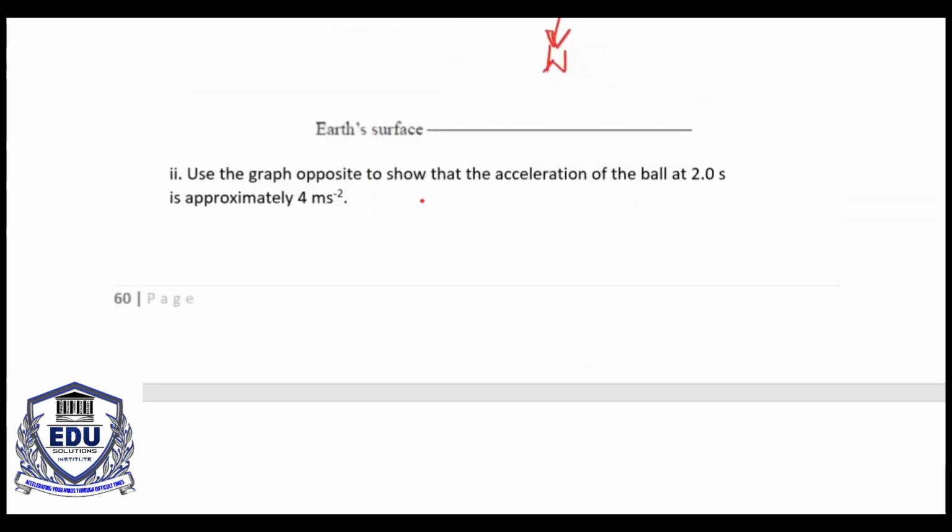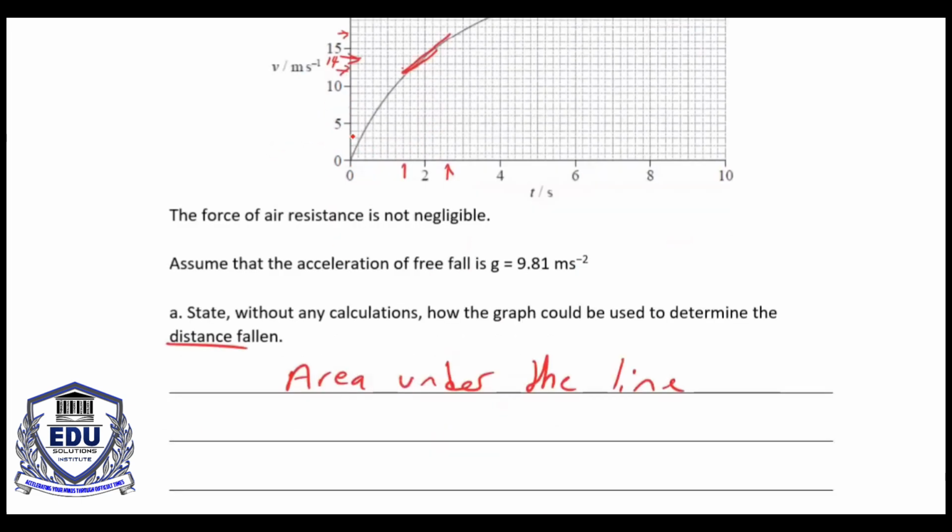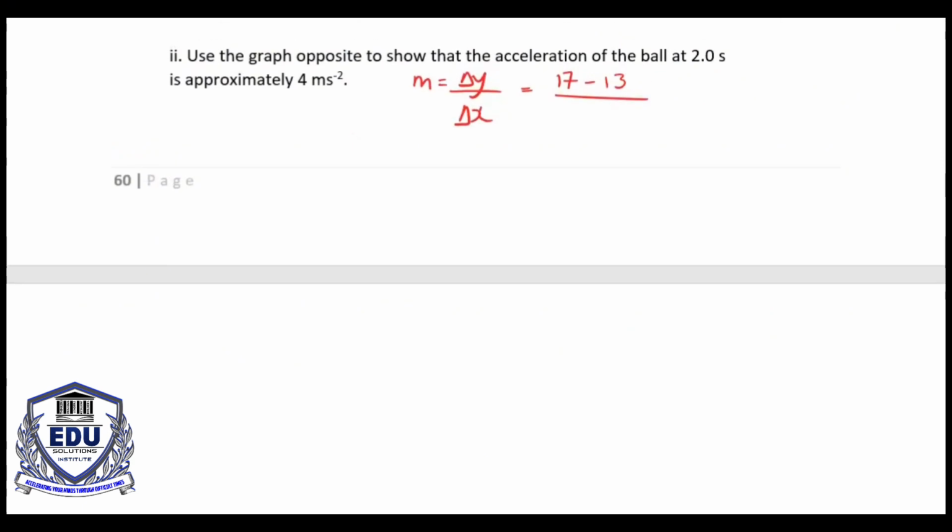The gradient m is the change in y over the change in x. The change in y is 17 minus 12. Let me double check again. It was 12, sorry, and 17.